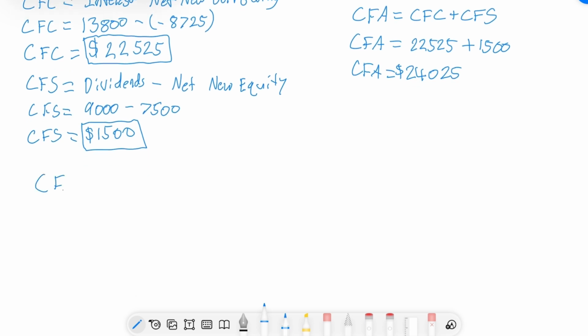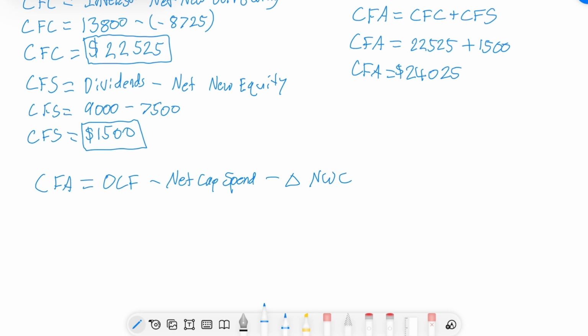That's going to be our operating cash flow minus our net capital spending minus our change in net working capital. What we're actually finding here is the change in net working capital.